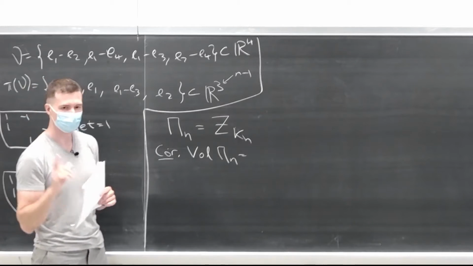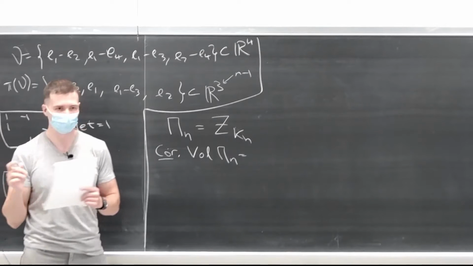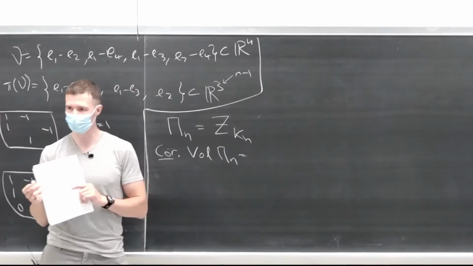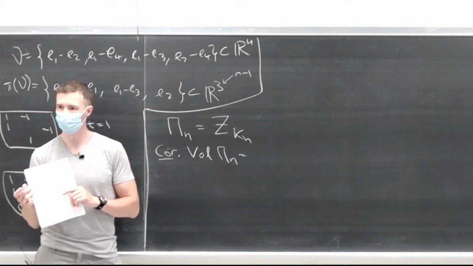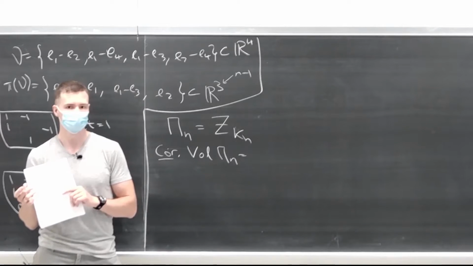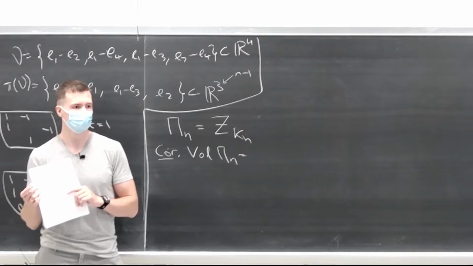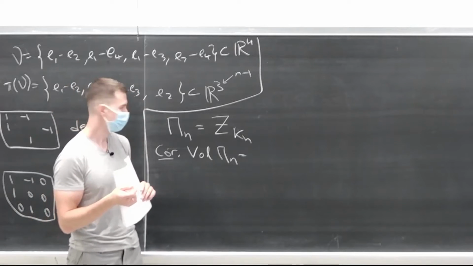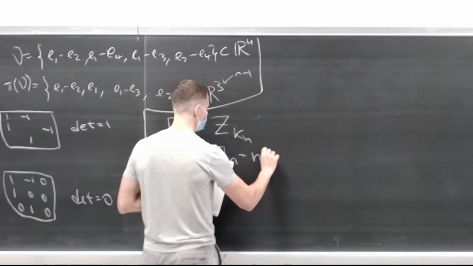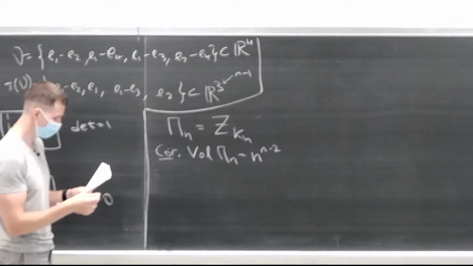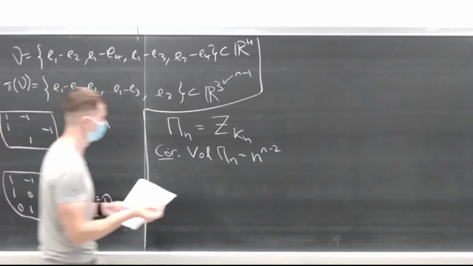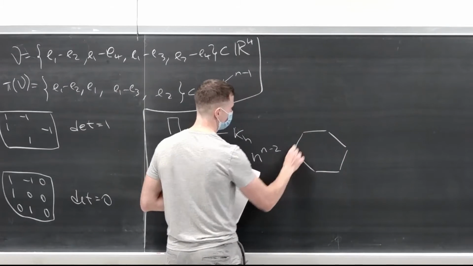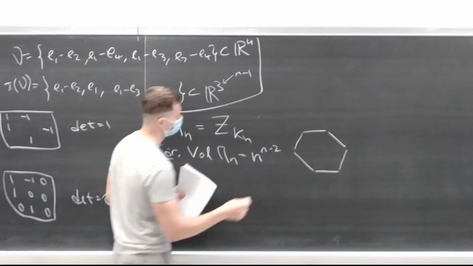N factorial? No, n factorial is the number of vertices, right? So that happens not to be the volume. Okay, nice. Yes. N to the n minus 2. That's right. Thank you.